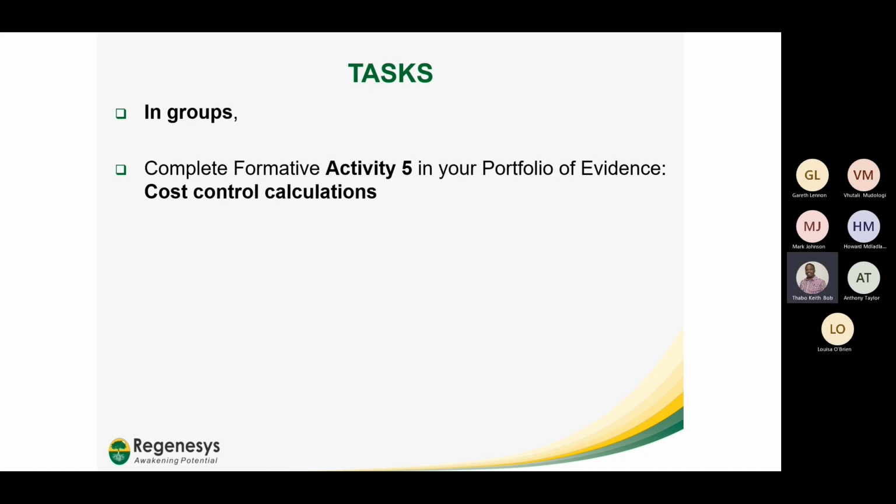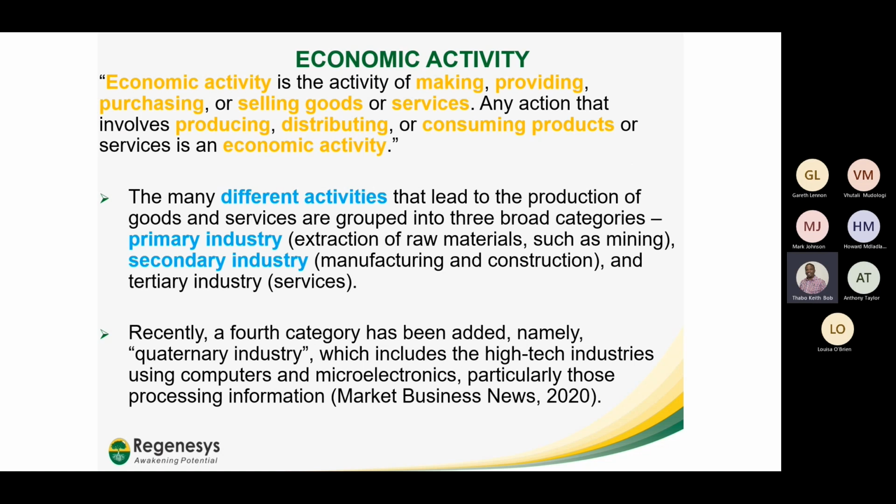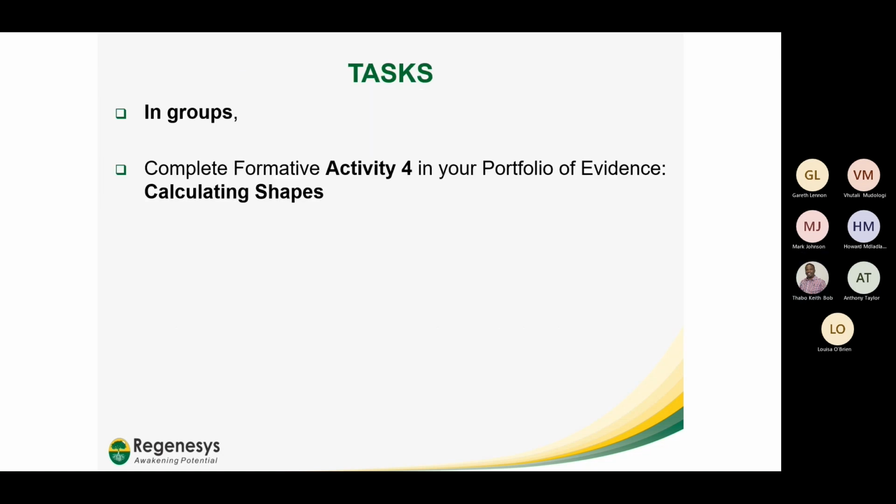I need us to push as much as we can, but let us do these activities, because I know we'll fall off if I continue with the theory now, because we still need to do the economy activity. I'm getting worried about the time that we have. So can we do activity number 4 in our POEs and activity number 5 in our POEs?